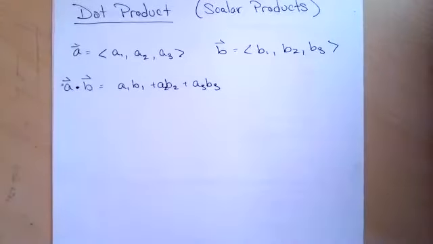So we are essentially just multiplying each of the components of the respective vectors and then adding all of those products together.